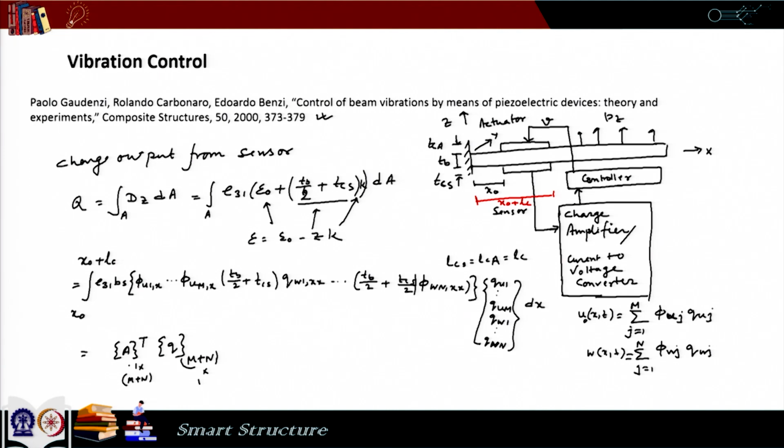Now, we have to write the expression for the voltage that we get from the charge amplifier.